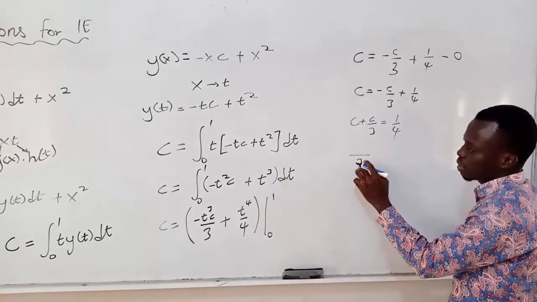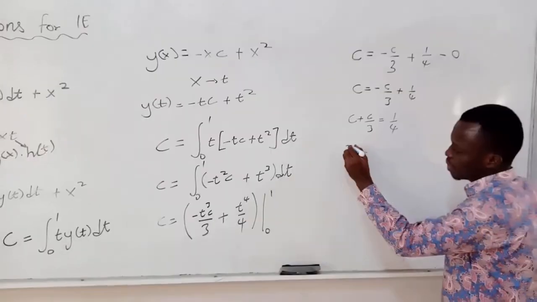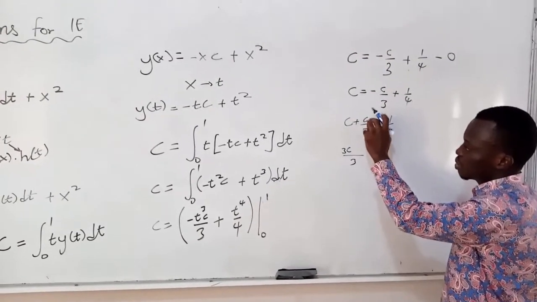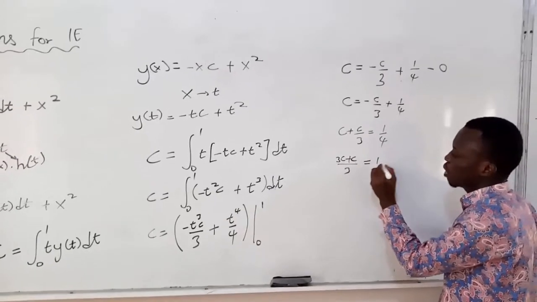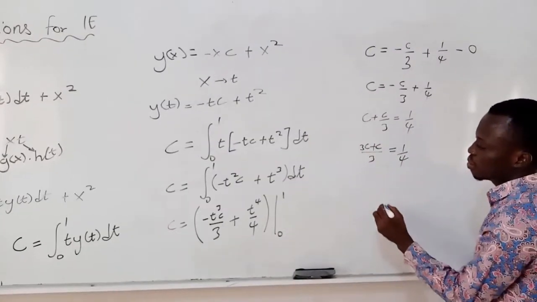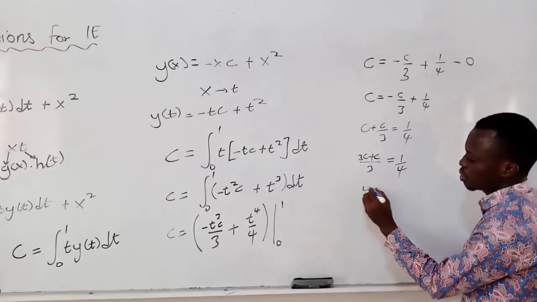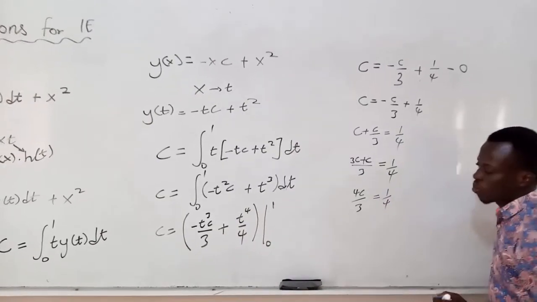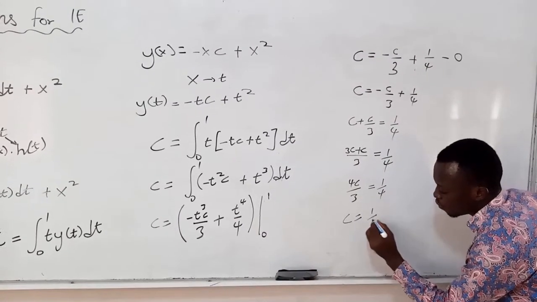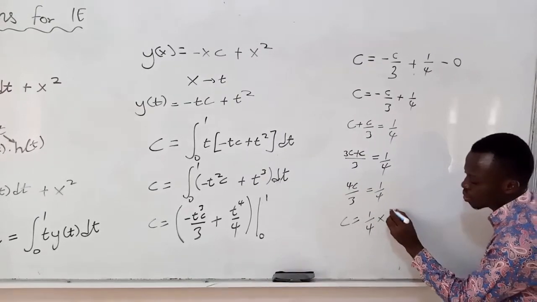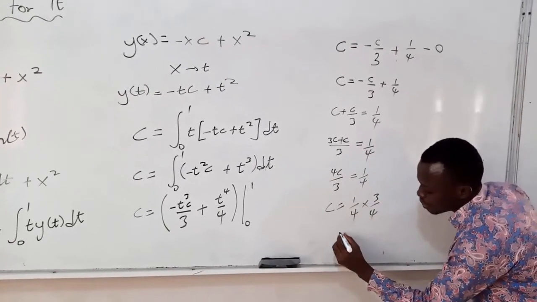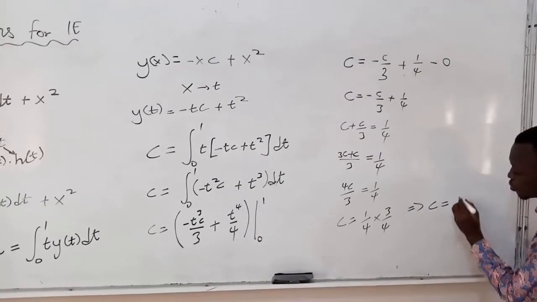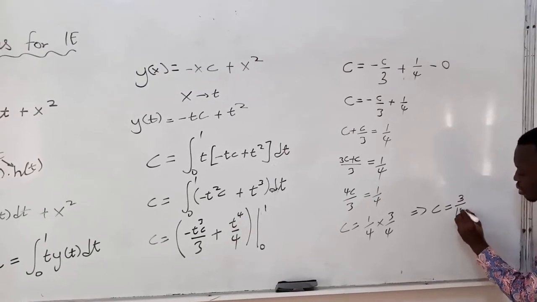So 3 times c is 3c, and 3 going into 3 one time times c, so 3c plus 1c is 4c, over 3, which is equal to 1 over 4. Now we are solving for c. c becomes 1 over 4 times 3 over 4. This implies that c is equal to 3 over 16.